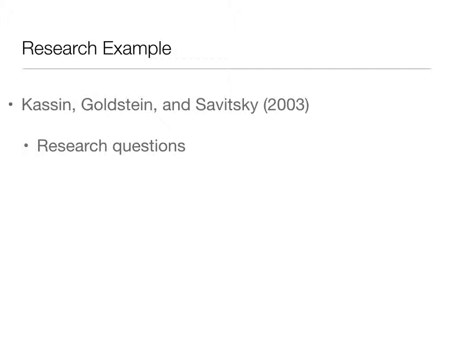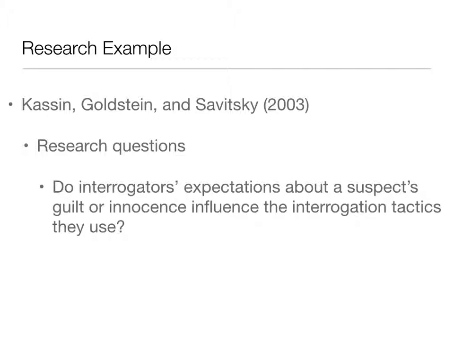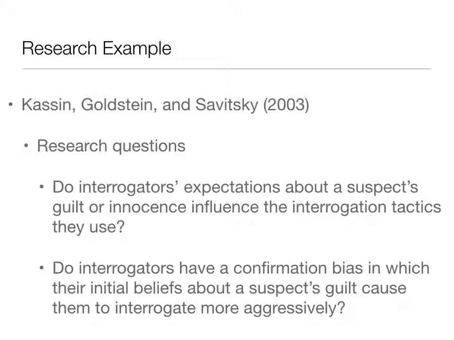The research questions were, do interrogators' expectations about a suspect's guilt or innocence influence the tactics they use? Does the interrogator's predisposed assumption affect how they interrogate someone? The other question was, do interrogators have confirmation bias, in which their initial beliefs about guilt cause them to interrogate more aggressively?